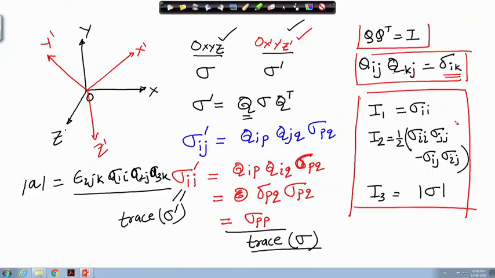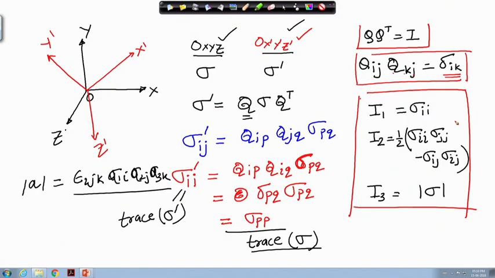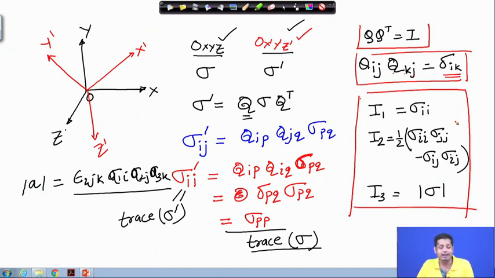Those invariants can be written in indicial form as well. We stop here today. In the next class we will continue this discussion on stress and then see how to compute traction at a point, what is the meaning of traction, whether traction at a point is a valid term or not, and what is the difference between stress at a point and traction at a point.